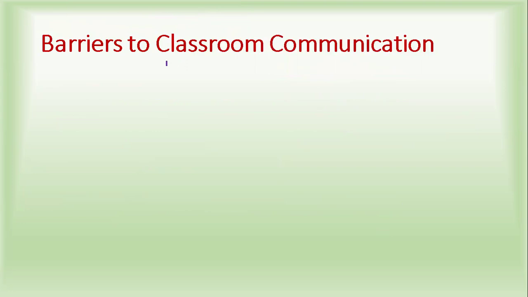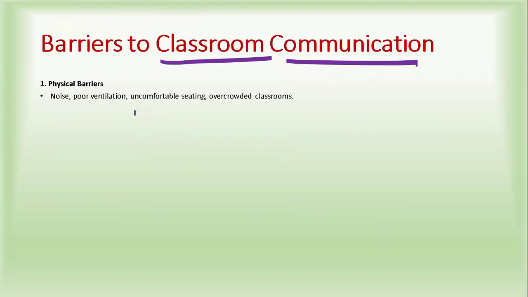Barriers to classroom communication. What are the barriers in classroom communication? First one, physical barrier, such as noise, poor ventilation, uncomfortable sitting, overcrowded classroom, poor visibility of the board, poor audibility of the teacher.